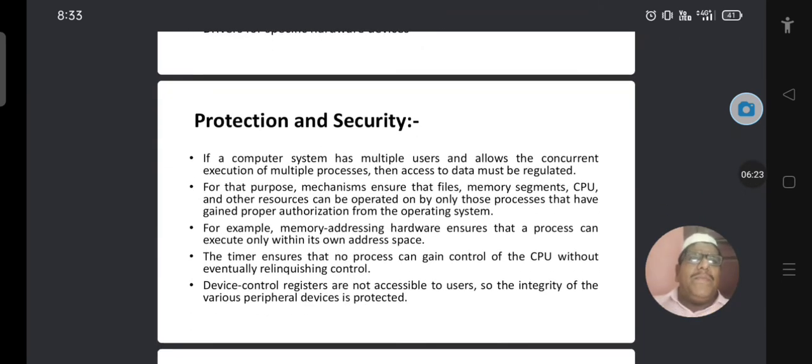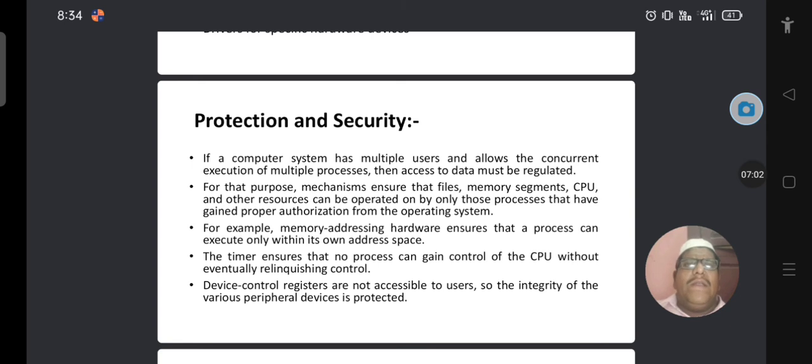Next, protection and security. If a computer system has multiple users and allows the concurrent execution of multiple processes, then access to data must be regulated. Every user has regulated access to data through protection, such as user ID and user login. With concurrent execution of multiple processes, access to data must be regulated.